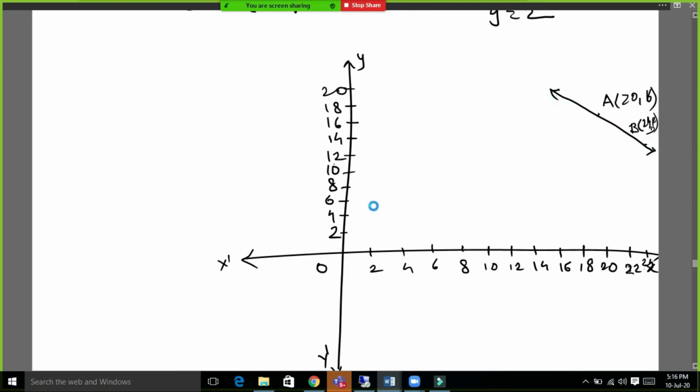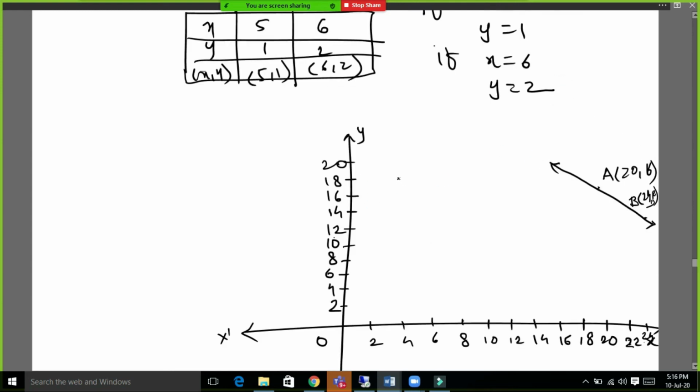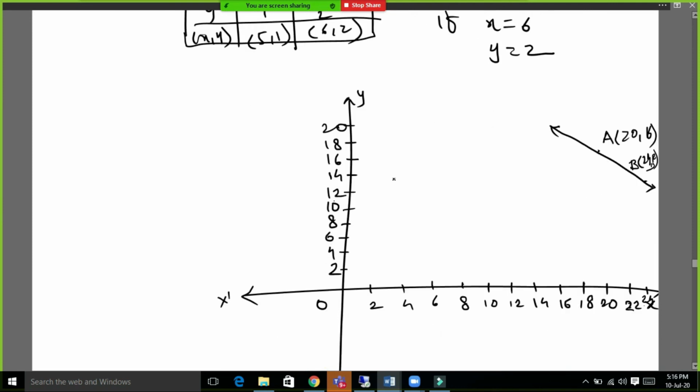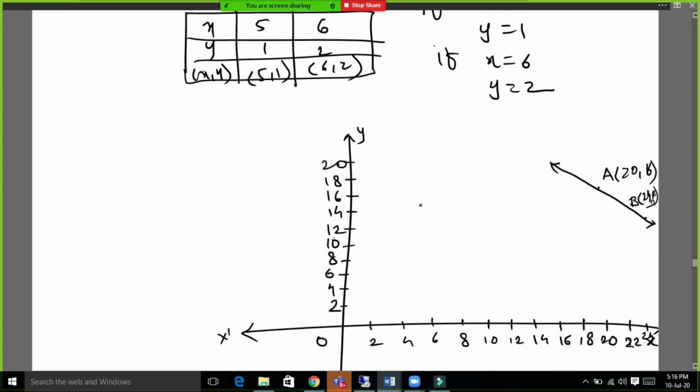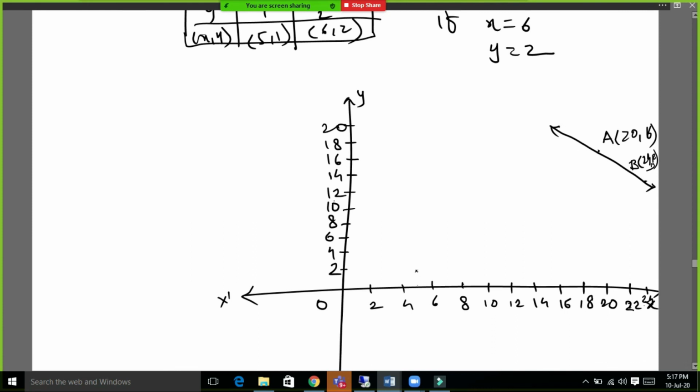Now for the second equation, we have (5, 1) and (6, 2). The middle line represents the point 5 between 4 and 6. So the first point is C (5, 1), and the second is (6, 2).